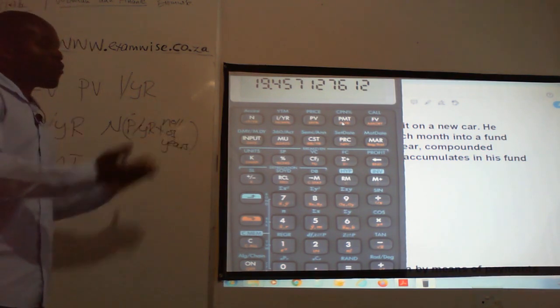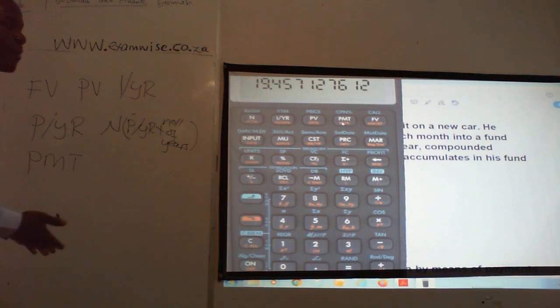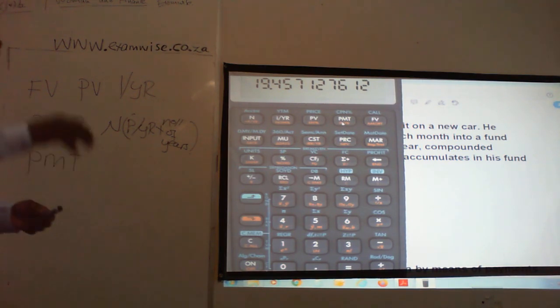Whether we are under compound interest of a single amount or compound interest of equal payments, we always need 4 variables to determine the missing 5th variable. So having 6 variables does not mean that we need 5 variables to determine the missing 6th variable.